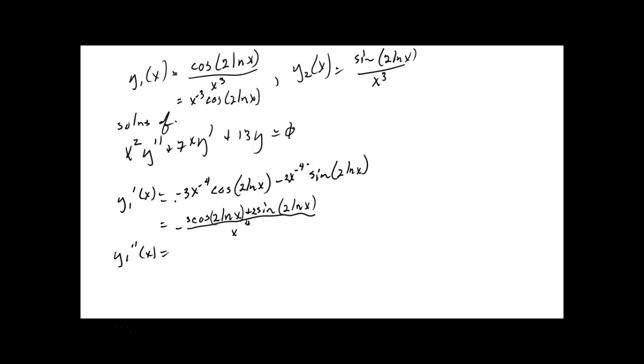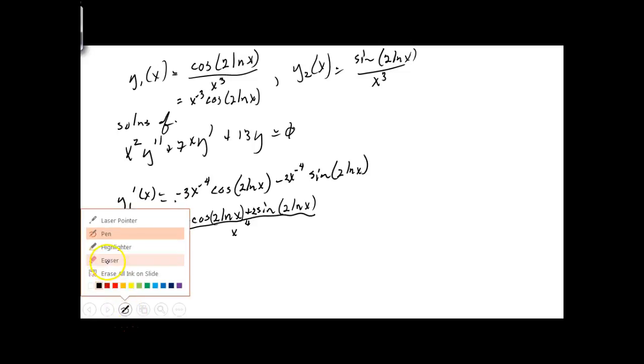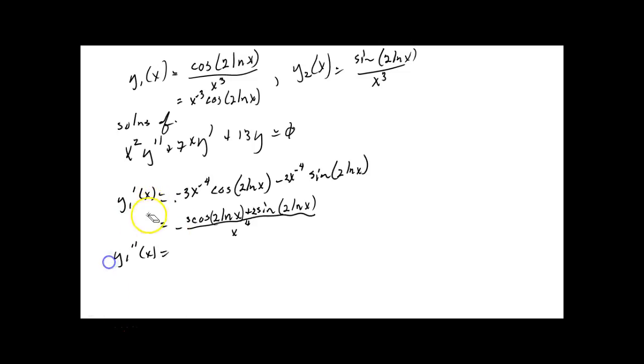Again, I like product rule better than quotient rule, so if I can, I usually change them like that. Okay. You don't have to. That's just my preference. So what's y double prime? And again, I would use this one to take the derivative, but that's me. If you like the other one, use it.